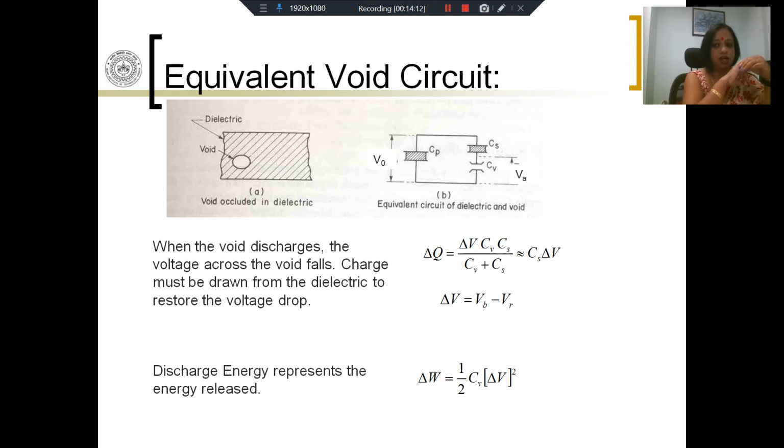So when you have partial discharge, there is a potential change across the discharging electrodes. There is a charge involved in the discharge, and the charge involved in the discharge decides what would be the discharge energy. So partial discharges are always associated with energy, and this energy is released into the surroundings.